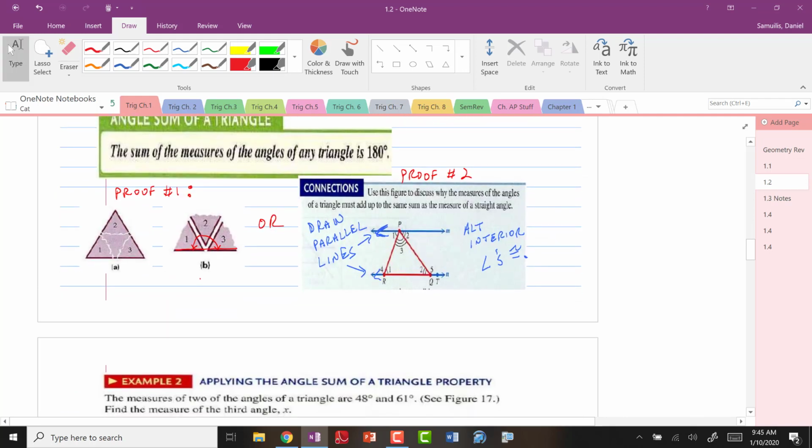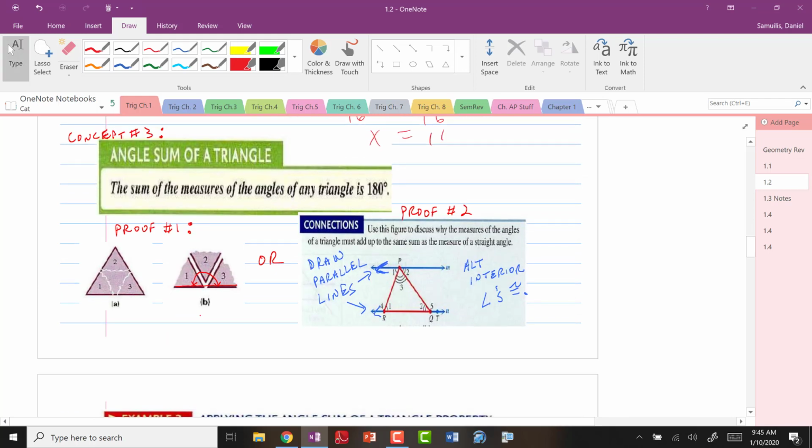All right, and then I love these proofs of how a triangle's three angles add up to 180. It's actually related to alternate interior angles. So here's angle 1. If I draw a horizontal through this segment of the triangle, and then a parallel of one up here, then these two measures here and here are equal because they're alternate interior angles.